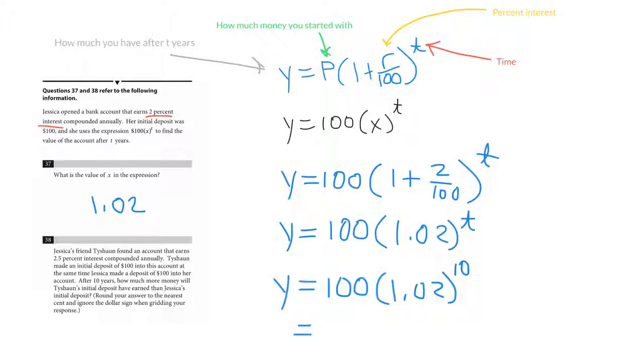This says round to the nearest cent when gridding the answer, so it's going to be 121.90.